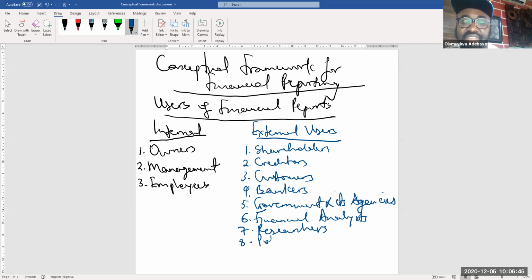We have potential investors, which include individual, private, and institutionalized investors. We could have, let me say, the general public. Therefore, these are examples of users of financial reports, and they require the information contained therein for different objectives.